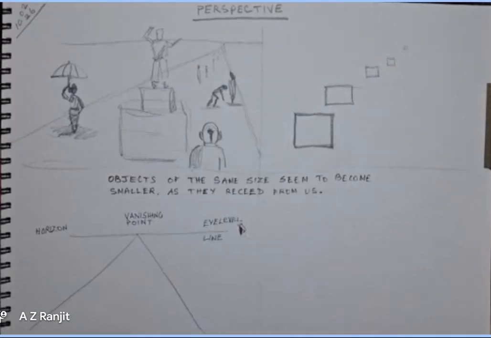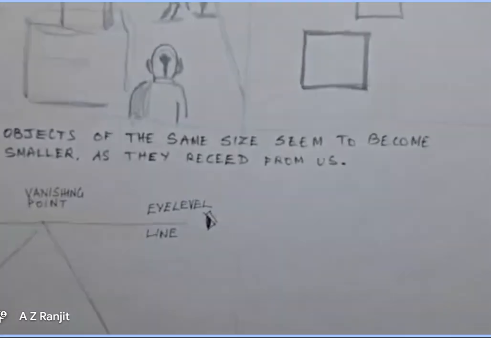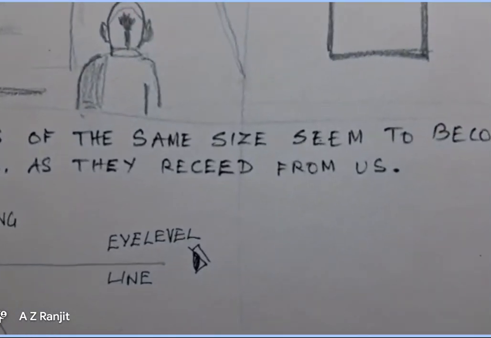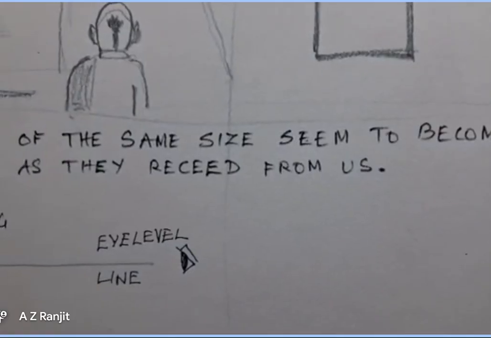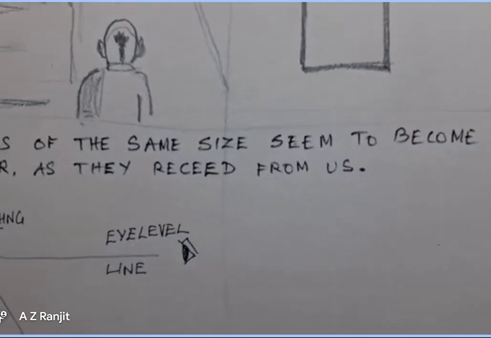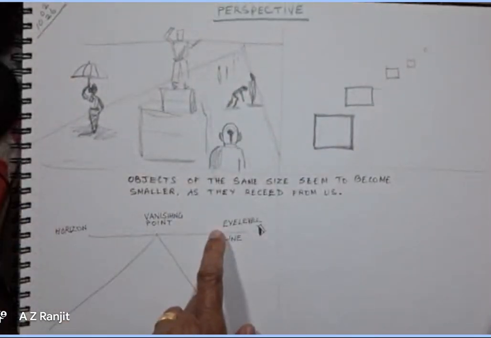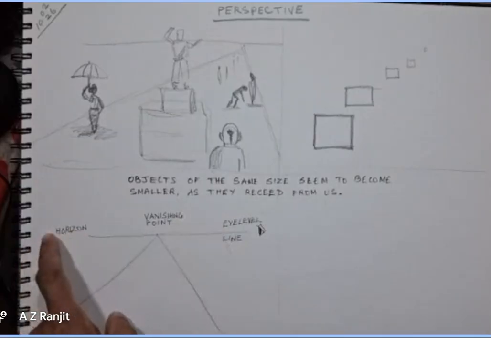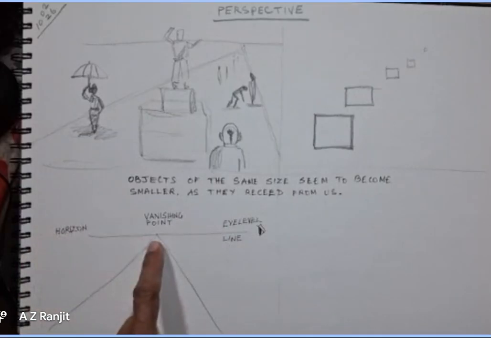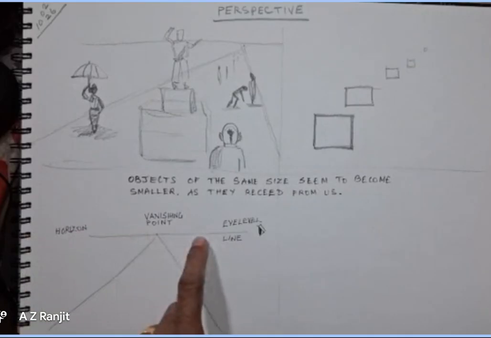Do you understand what that is? I'll bring it closer. An eye, you know, an eye looking sideways. So we call that the eye level line or horizon line. The vanishing point will always be on the horizon line.